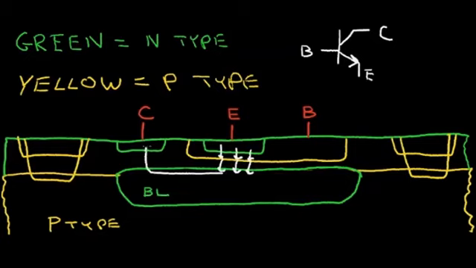And will go out the collector terminal. So we always think in terms of positive current. So the positive current will go in the opposite direction of the electrons. So the positive current will go from collector to emitter. And there will be some base current that will flow in this base terminal, which will be in this direction. So let me erase some of this again.